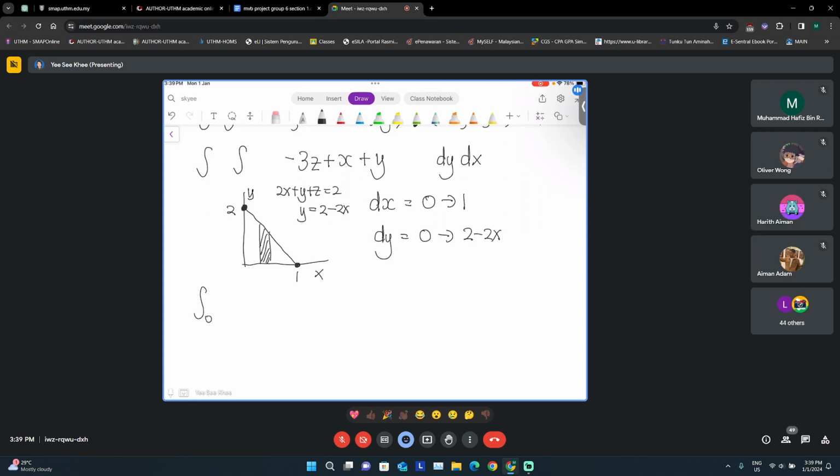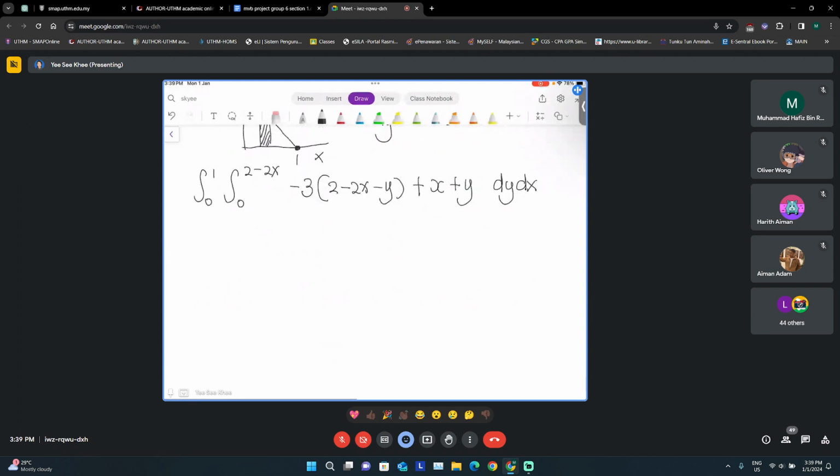Now you replace it inside. The integral from 0 to 1, 0 to 2 minus 2x, of negative 3z, where the z you replace with the equation of the plane, 2 minus 2x minus y, plus x plus y, dy dx. Let us simplify first: 6 plus 6x plus 3y plus x plus y.